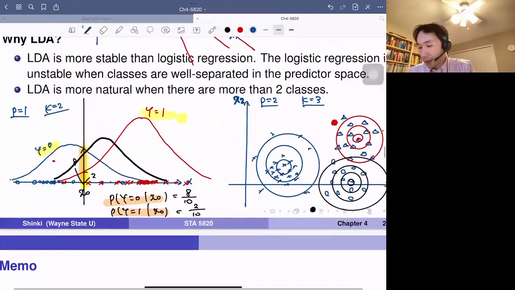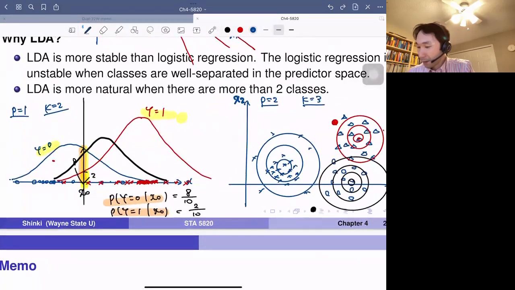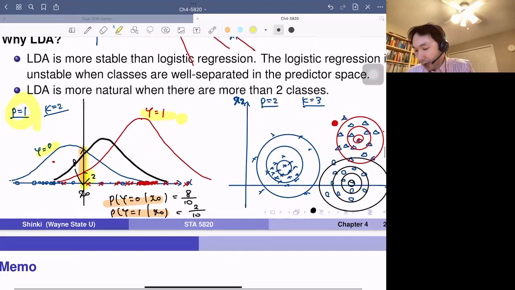In this example, you can see the height ratio is 2 to 8. So the probability of y equal to 0 is 80%, and y equal to 1 is 20%.